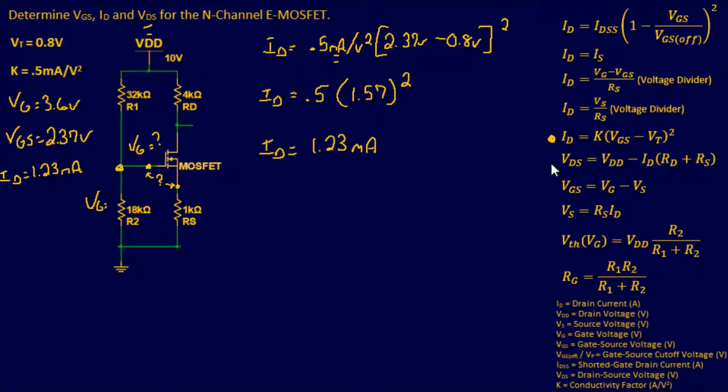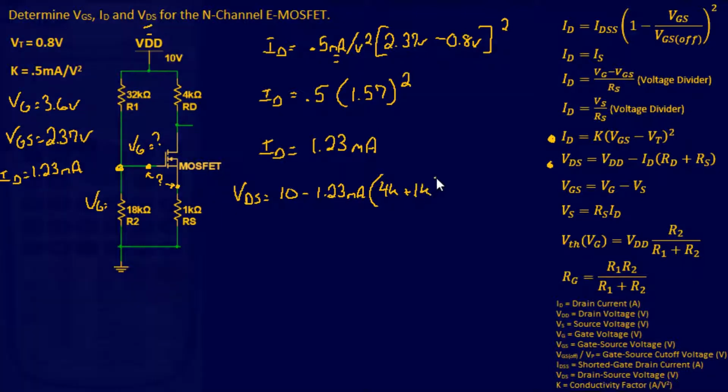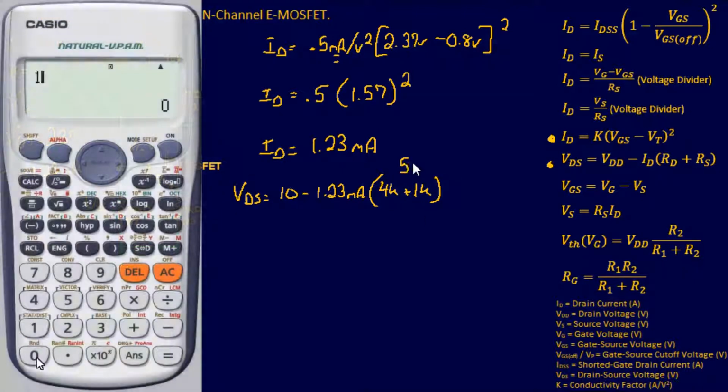And I bet you we can use that equation right there again, because since we have a voltage divider, we can actually use this guy right here and plug and chug that right in. So same thing as last time. I'm going to say 10 volts minus your drain current, and that's going to be parentheses, drain resistance, source resistance. So I have 4K plus 1K, and that's going to be 5K obviously.